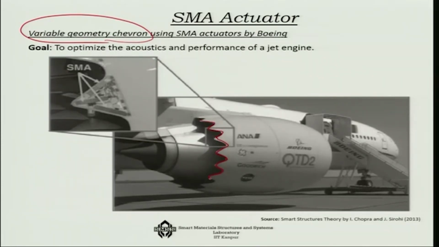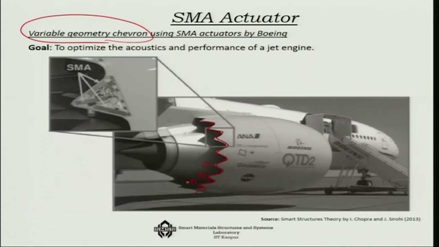The reason for this jagged shape is that initially, when it is in the detwinned or twinned Martensite phase, but mostly Martensite, it has this jagged shape, and this helps keep the size of the vortices low, so that they get attenuated fast.